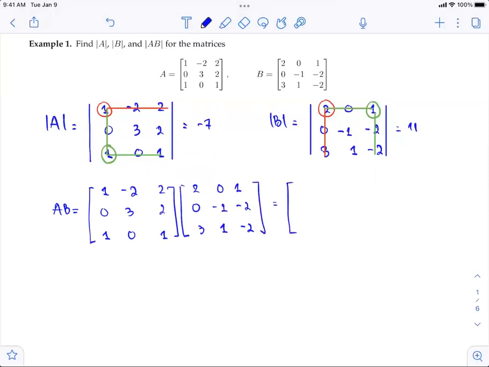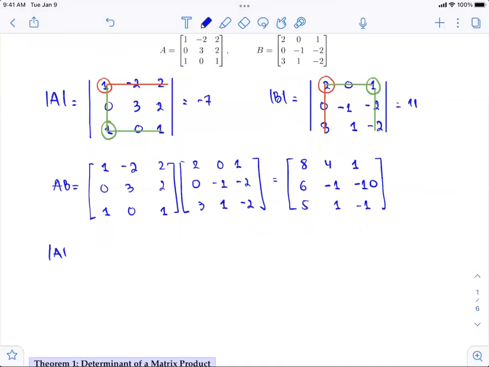If you do the calculations correctly, I'm going to skip all the formality and give the answer of the product to be 8, 4, 1, 6, -1, -10, 5, 1, -1.